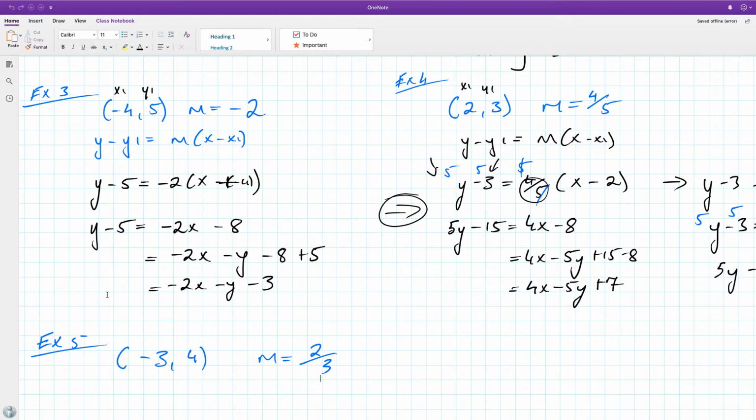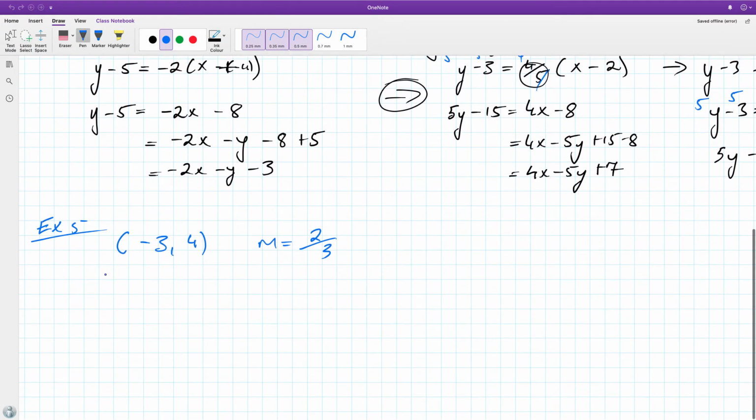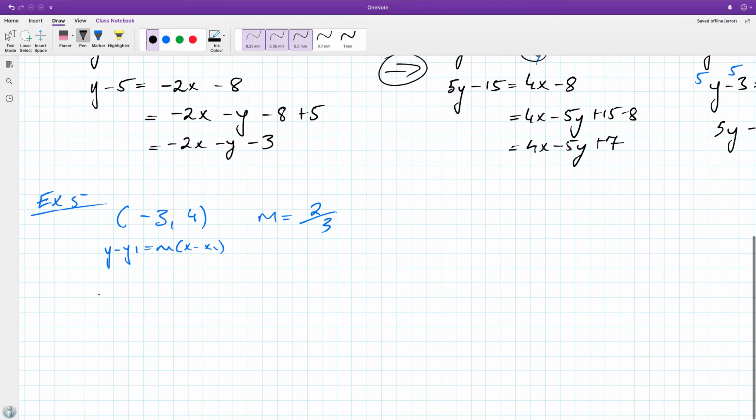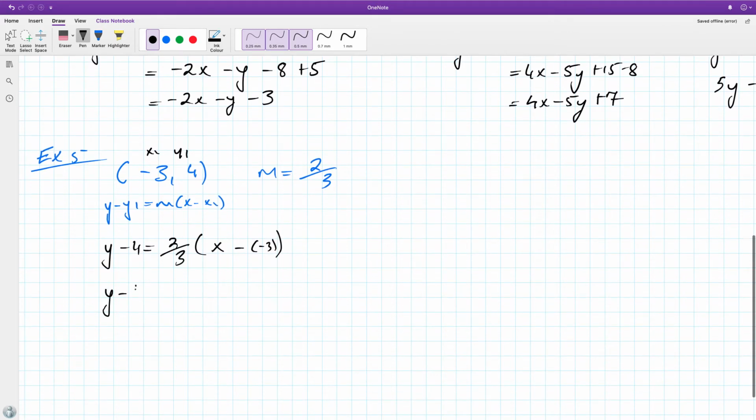Let's look at it. So y minus y1 equals m times x minus x1. So that's y, x1, y1. That's y minus 4 is equal to 2 over 3 times x minus minus 3, isn't it? That's y minus 4 is equal to 2 over 3 times x plus 3.